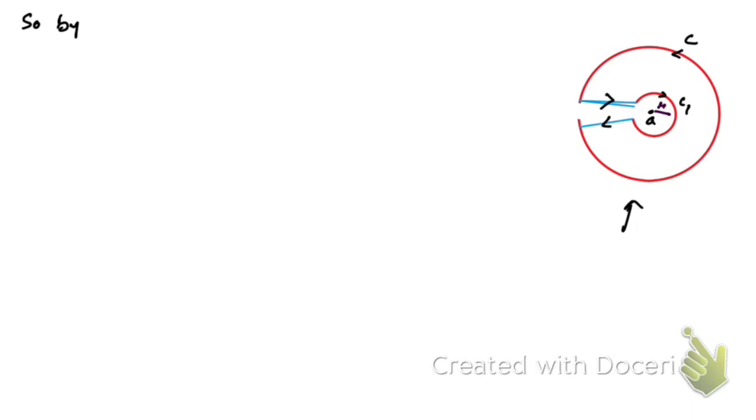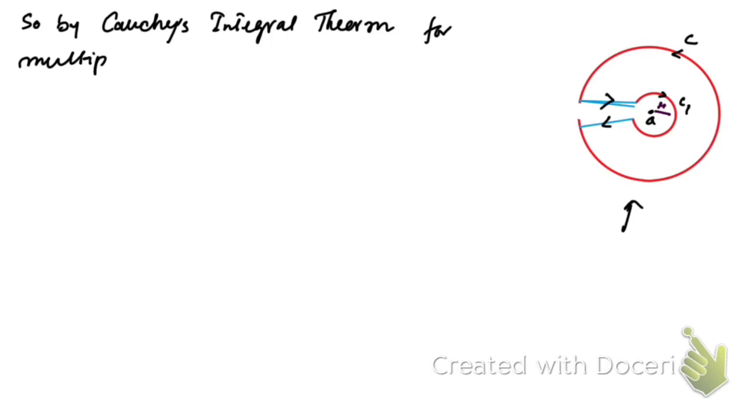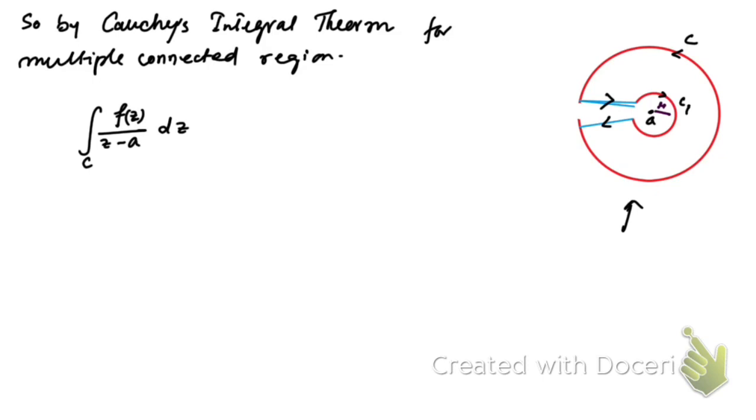So by Cauchy's integral theorem for multiply connected region, let me write it properly: the integration of f of z by z minus a dz along C is equal to the integration of f of z by z minus a dz along C1, right?